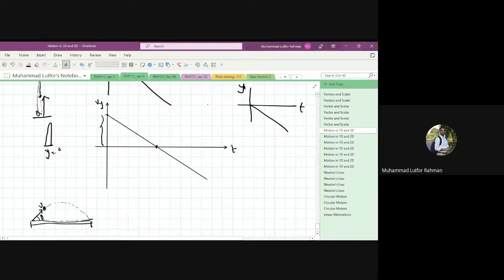Because that depends also on where you choose the origin. Say you are dropping something from this building, if you choose this as your origin, then this will be the negative direction. But if you choose this as your origin, then it would be in the opposite direction actually. So that's how you can draw the displacement versus time graph for the free fall.